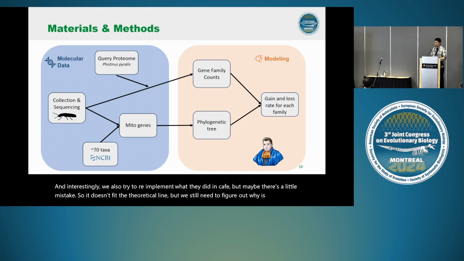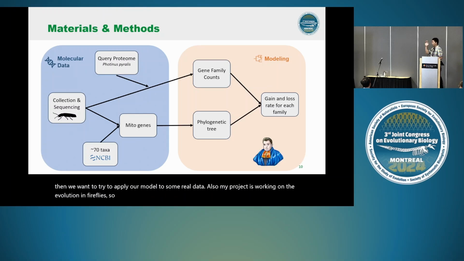And then we wanted to apply our model to some real data. My project is working on evolution in fireflies, so we decided to try some firefly data. I'm not going to talk too much about our work on the molecular data part. Basically, we're just trying to generate two input files.